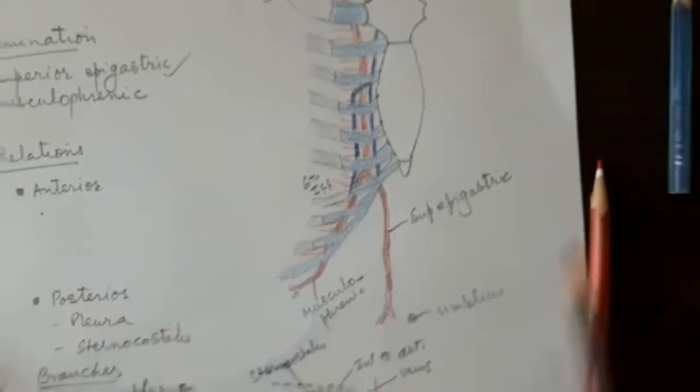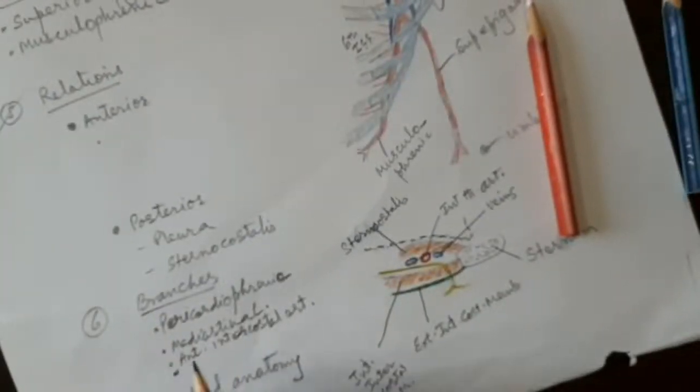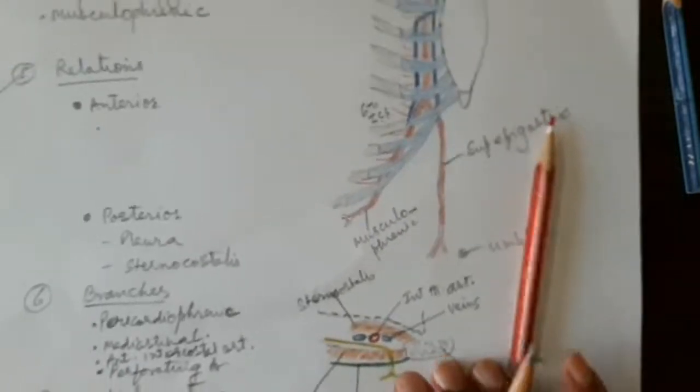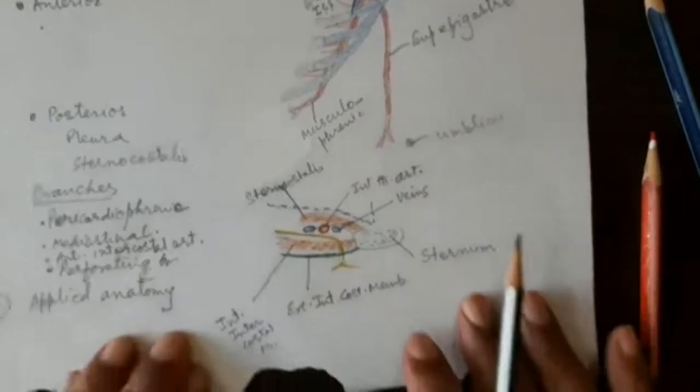Then another type of branch given by the internal thoracic artery is the perforating branches. These lie near the sternum along with the anterior cutaneous nerve.